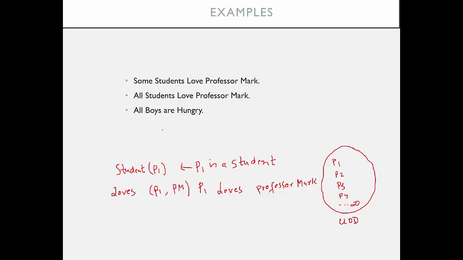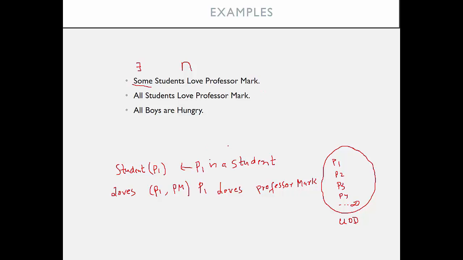So if we have to write this statement, some students love Professor Mark, how would we represent that? We know that when we're talking about some, we're going to have an existential quantifier, and along with the existential quantifier, there is going to be an and. So P1 is a student and P1 loves Professor Mark, only then is this statement going to be true.